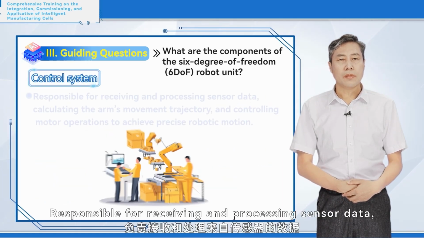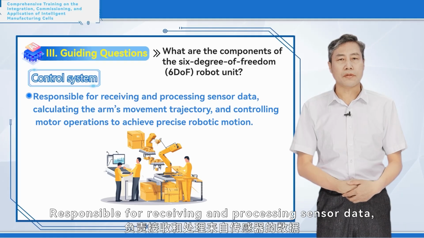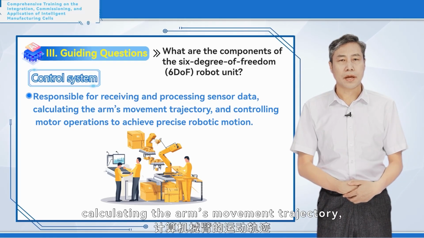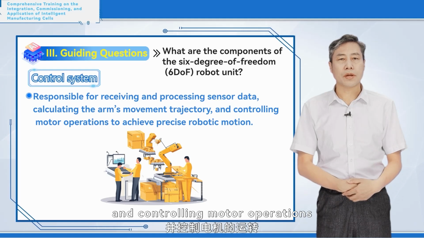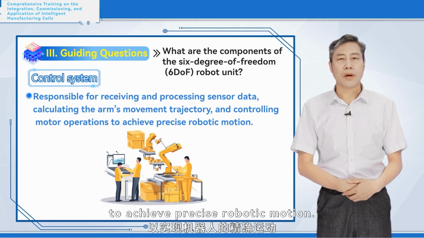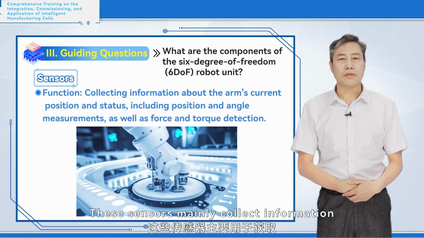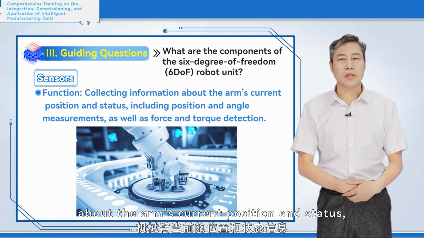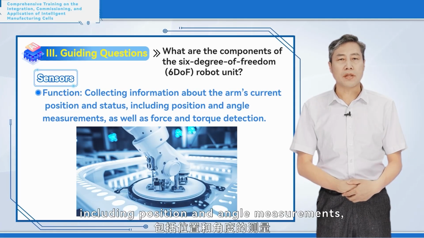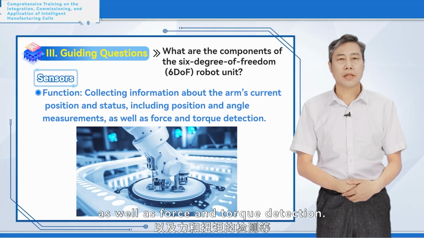Control system, responsible for receiving and processing sensor data, calculating the arm's movement trajectory, and controlling motor operations to achieve precise robotic motion. Sensors. These sensors mainly collect information about the arm's current position and status, including position and angle measurements, as well as force and torque detection.